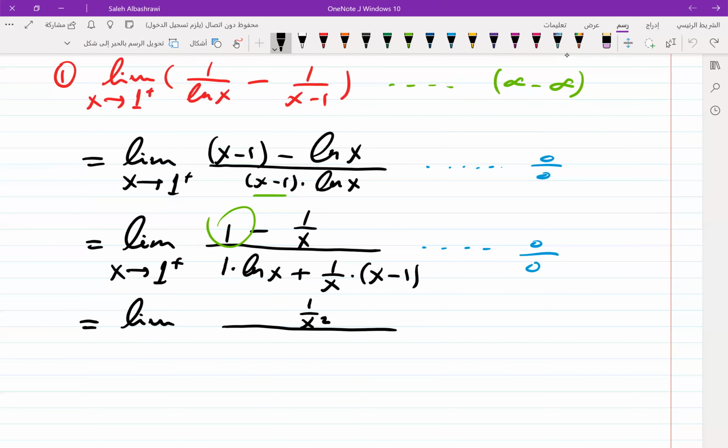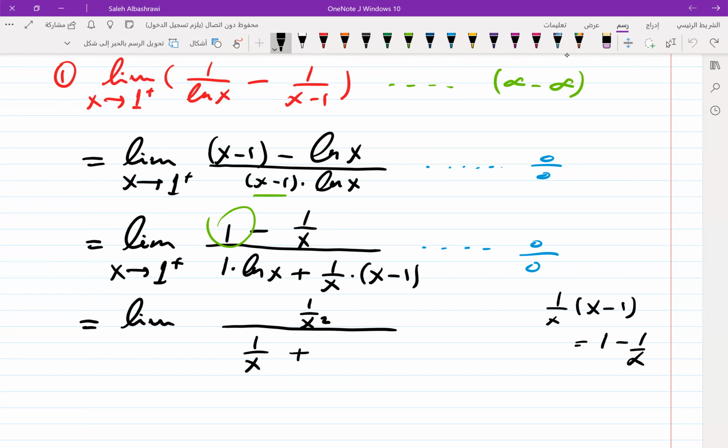Down, the derivative of ln of x will be 1 over x plus. Let's take this one: 1 over x multiplied by x minus 1 can be written as 1 minus 1 over x.